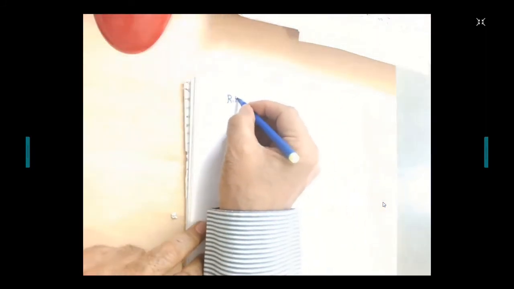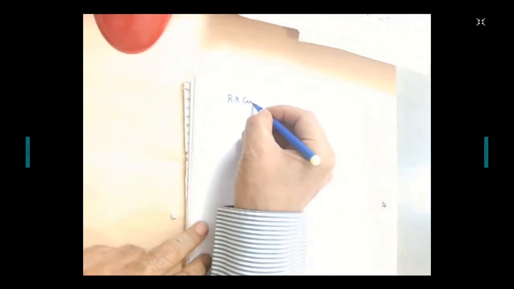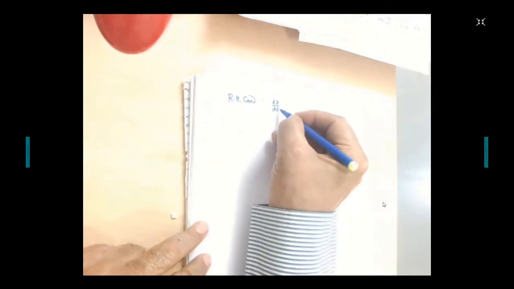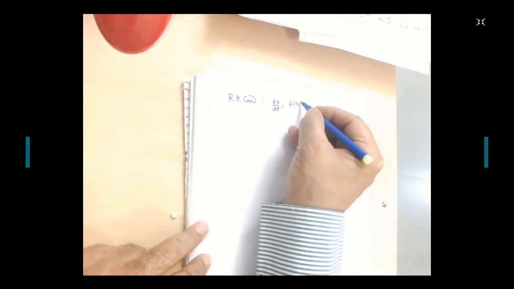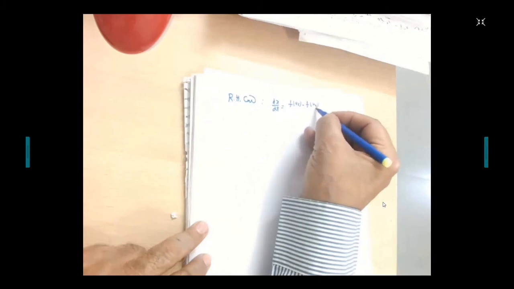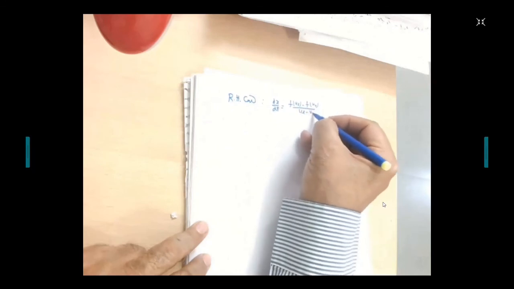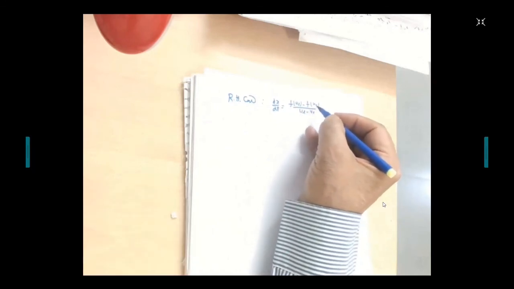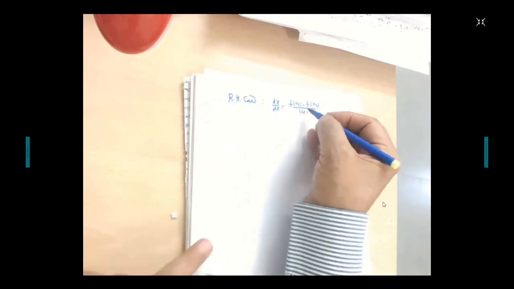So what is the RH condition? The RH condition is dx/dt equals f(ul) minus f(ur) divided by ul minus ur. The discontinuity has to satisfy this.